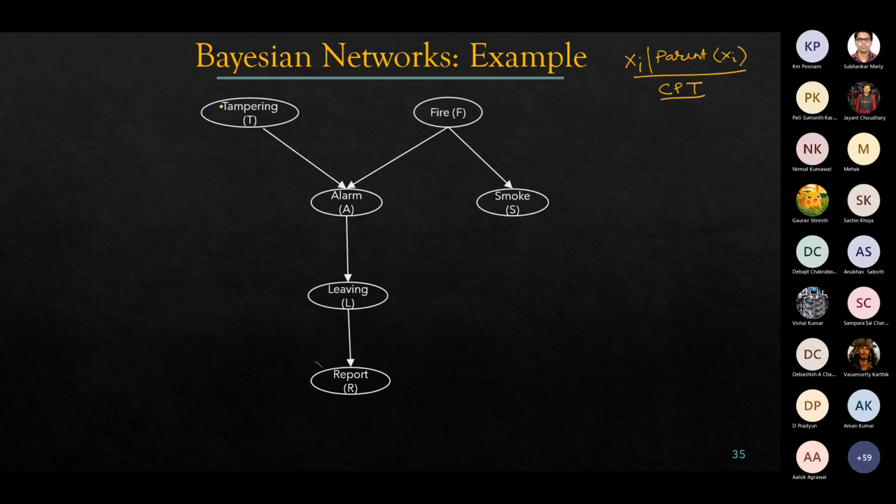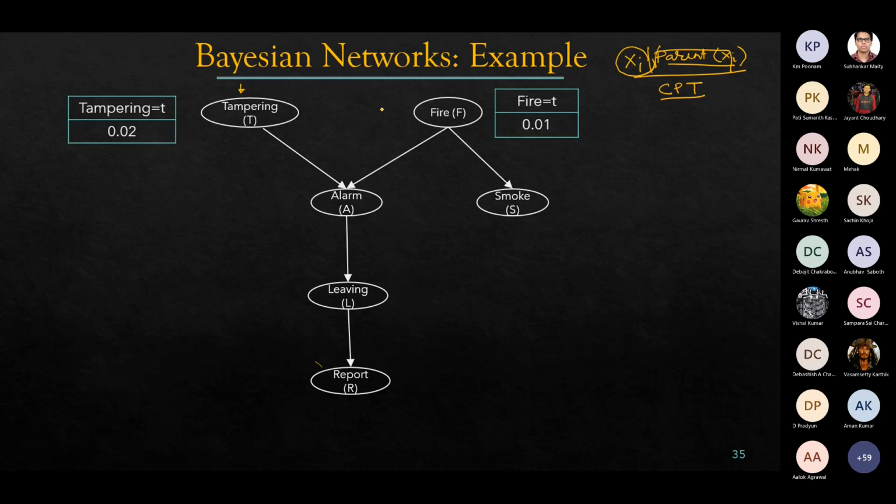Now let us look at tampering. Does it depend on anything? It does not depend on anything, so the parent part will be removed. We'll just have the simple probability of tampering.